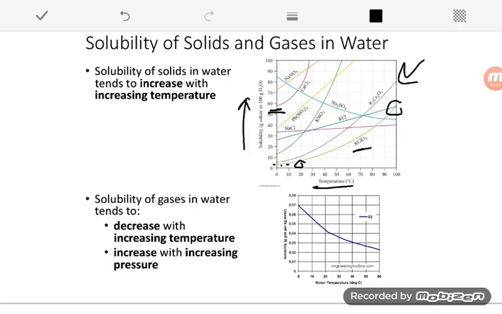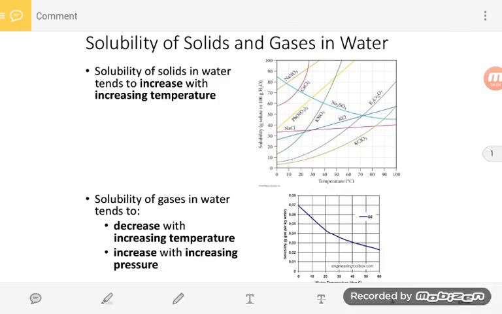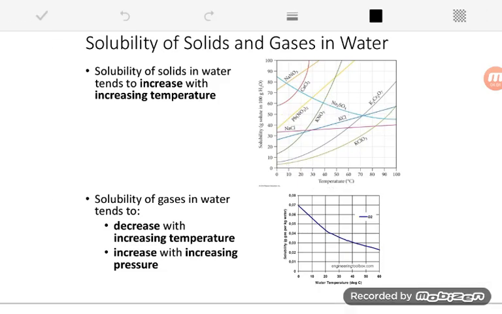So as your solution gets warmer, for the most part, we can see that we can dissolve a lot more solute. We do have this weird exception, sodium sulfate, but we don't need to worry about him. Let's just look for general trends. So solids get more soluble with increasing temperature. Gases do the opposite. The solubility of gases actually decreases with increasing temperature.